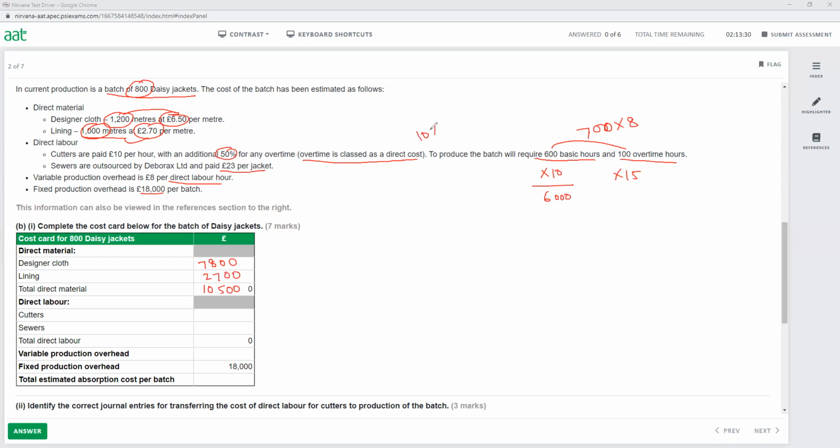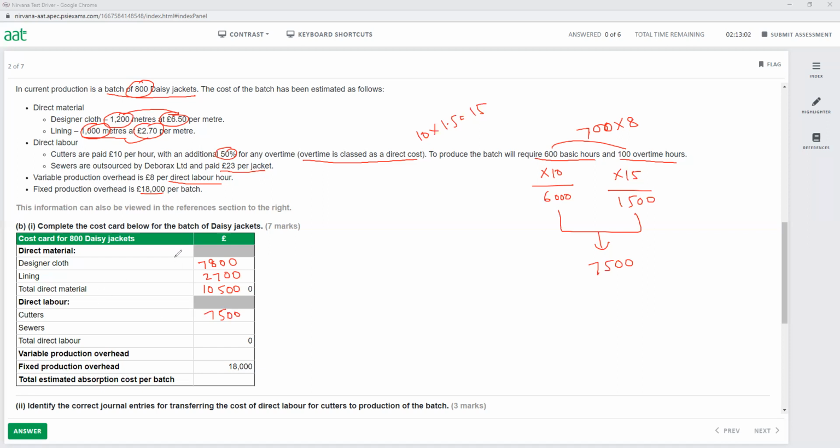So 10 times 1.5, that will be 15. So 100 times 15 will give me 1,500 overtime. So basic plus overtime total will be 7,500. So 7,500 is the total for cutter.